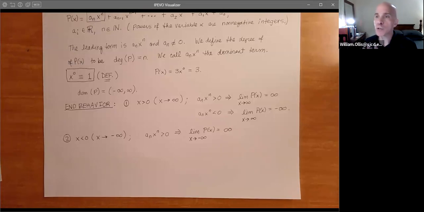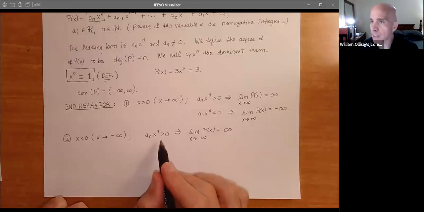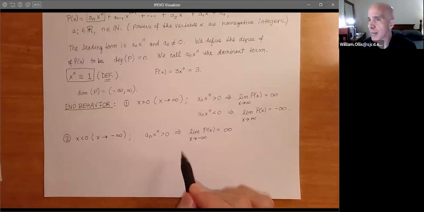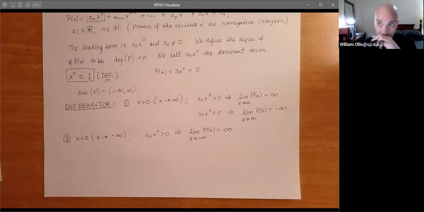So again, there's no guesswork in this at all. You just simply look at the dominant term and say, okay, what are the signs? And then of course we think about even powers absorbing negatives, odd powers retaining the negatives, just like we did with the even and odd function. So we get to use that parity that we've done before.